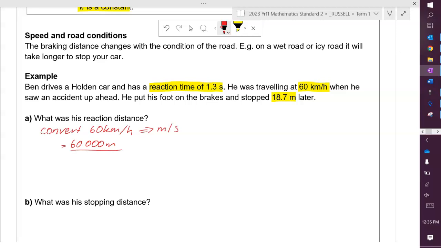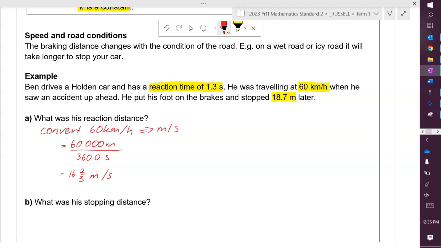We know that there are 60 minutes in an hour and 60 seconds in each minute. So 6 times 6 is 36, and then our 2 zeros, so 3,600 seconds per hour, which is another good piece of information to know. If I calculate that, I get 16 2/3 of a metre per second.